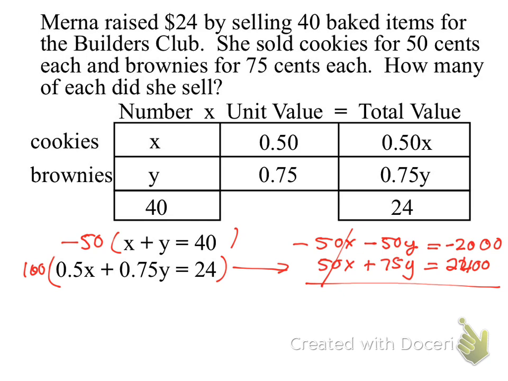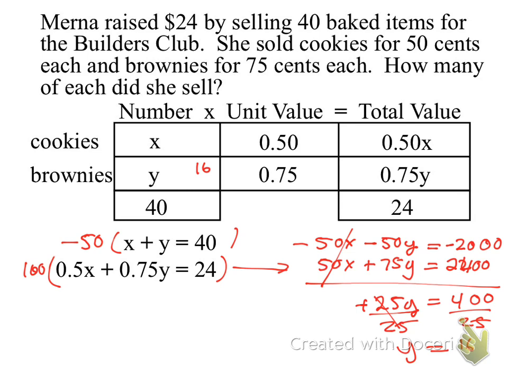Now, cross cancel, I'm left with 25y. Positive 25y equals 400, divide by 25, divide by 25, and y is equal to 16. So that means I sold 16 brownies, right?